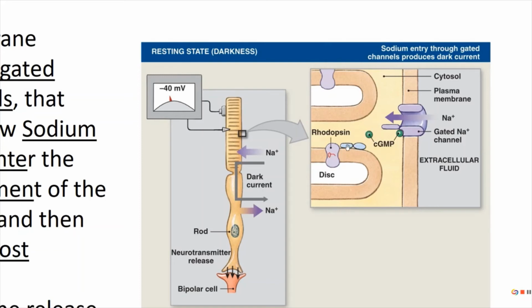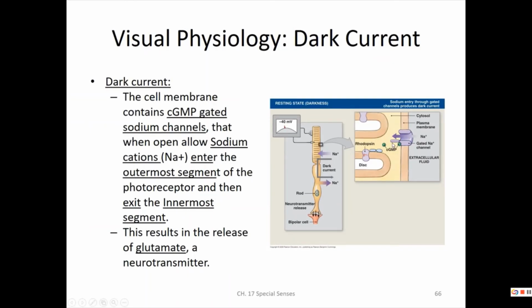But dark current is when you've got your door open, you have what is called a gated sodium channel, and it has a doorstopper in it called cGMP, which stands for cyclic guanosine monophosphate. So what is that?